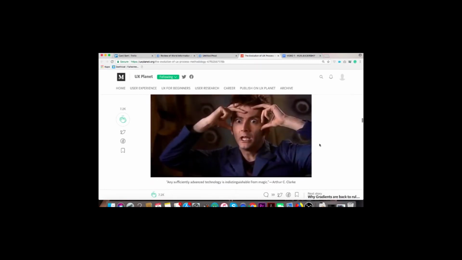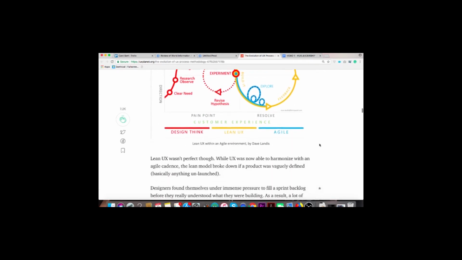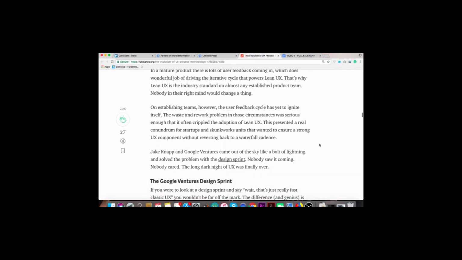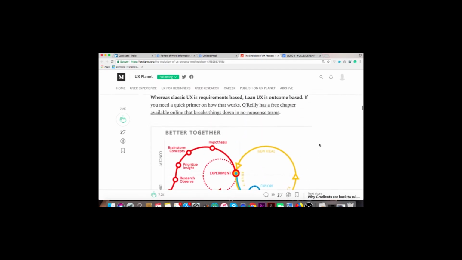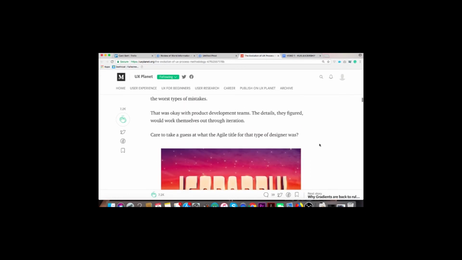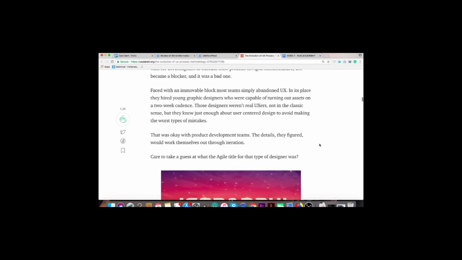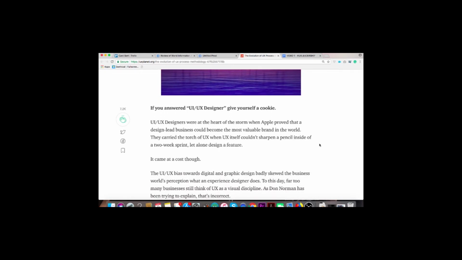This was very problematic with respect to the actual UX designers. What happened with this was that businesses started to think that UX designers were basically given a title called UX UI designers. So what happened was they became central at the heart of the storm that Apple proved that design-led business could become the most valuable brand in the world.